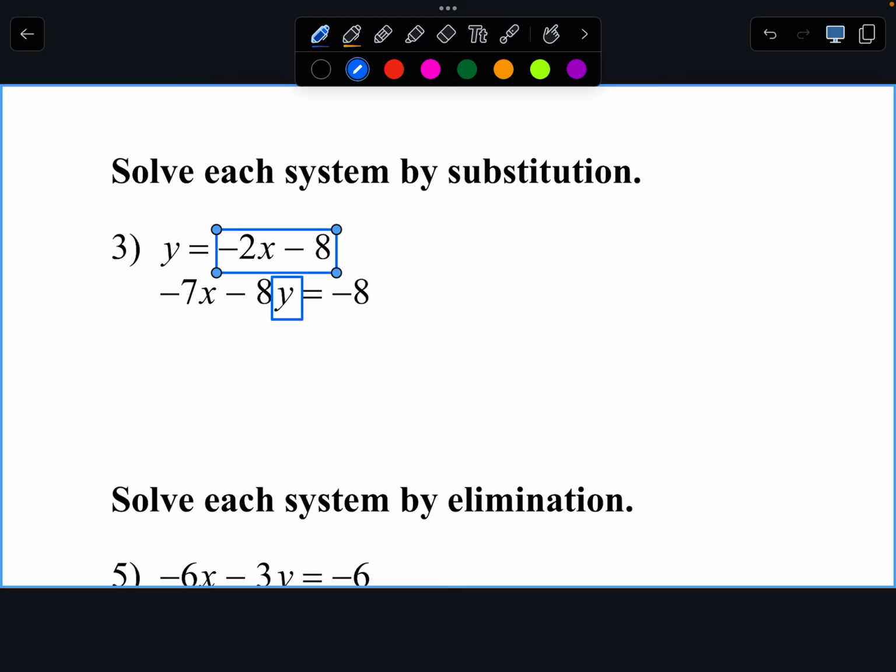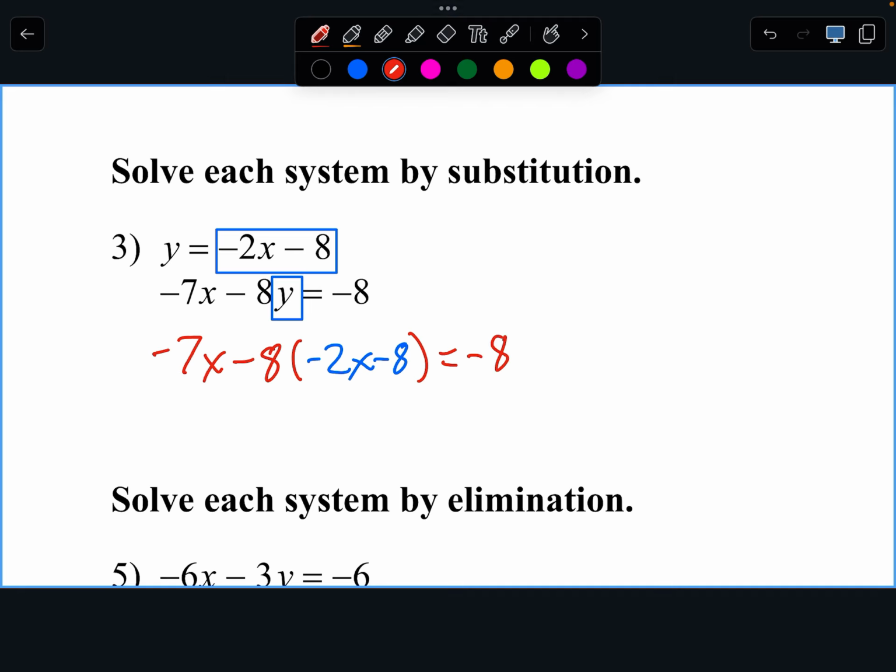So we're going to replace the y in that second equation with negative 2x minus 8. So we have negative 7x minus 8 times negative 2x minus 8. So instead of the y in that second equation, we have negative 2x minus 8 equals negative 8.